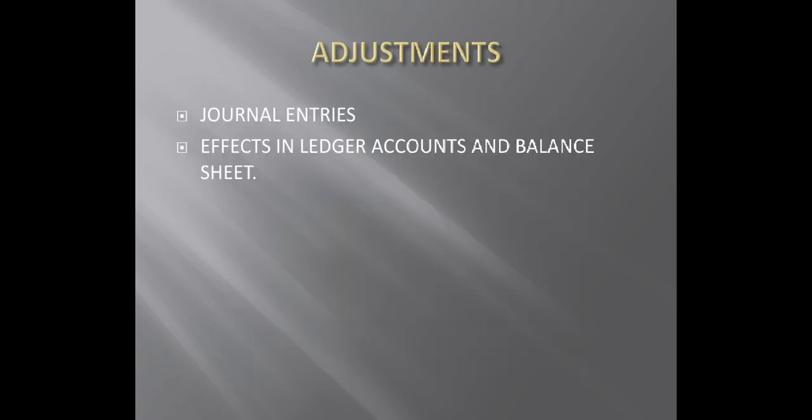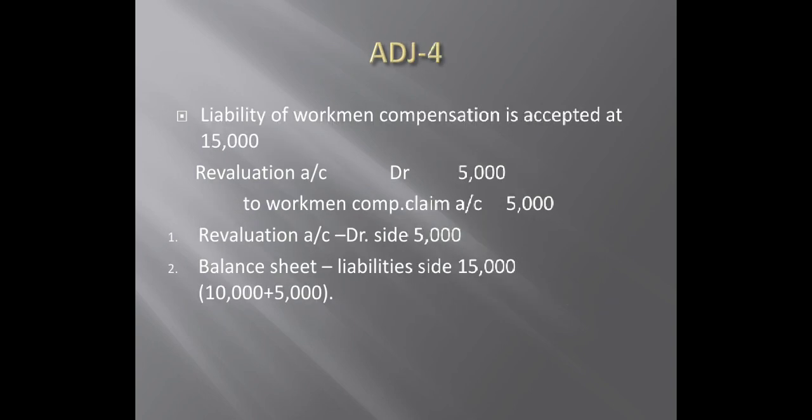So what is the amount of difference? It is obviously 5,000. Now let me make it more clear. Workman compensation claim was of rupees 10,000 and a liability is accepted at 15,000. This simply means that you are supposed to pay 15,000, but the fund available with you is only 10,000.